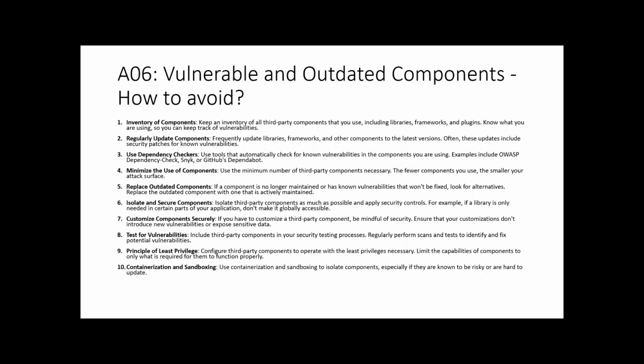You have to have an inventory of components, and update components regularly. Again, we have discussed dependencies; you have to check dependencies on a regular basis. And wherever possible, minimize the use of components.